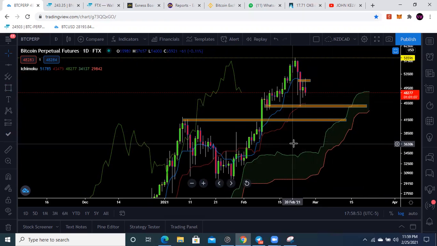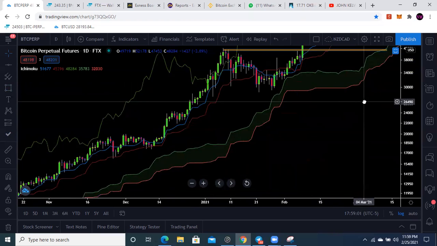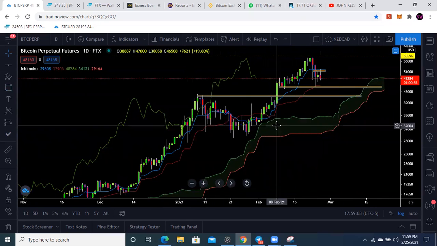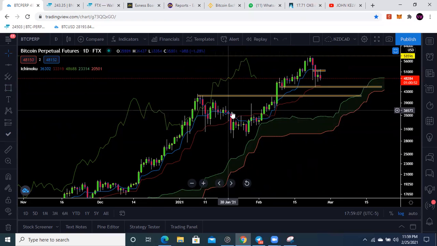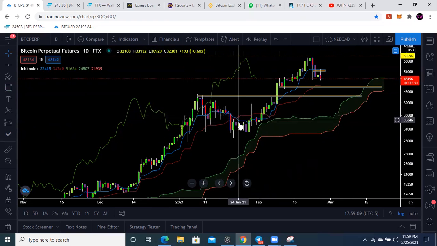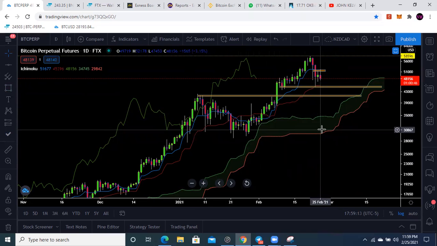Now, one thing again, you guys need to understand when you're trying to interpret the Ichimoku cloud is this. When the price is above the cloud and we keep on getting the TK bearish and bullish cross above the cloud, it's giving you a signal to continue to hold your long position.